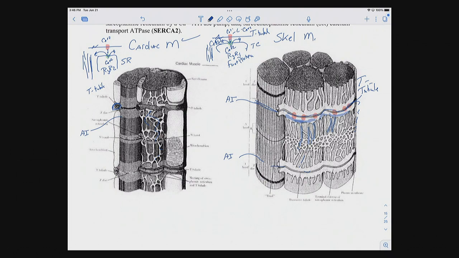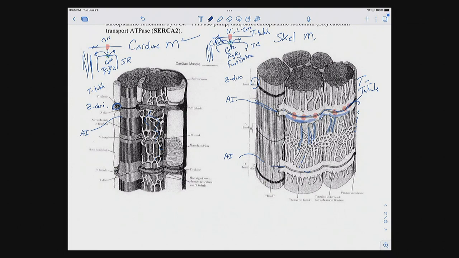So it is not lined up with the T-tubule. So the T-tubule is actually in the cardiac muscle lined up with the Z-disc. Whereas the Z-disc over here is not lined up with the T-tubule. So yet another distinction in terms of how they're just a little bit different.